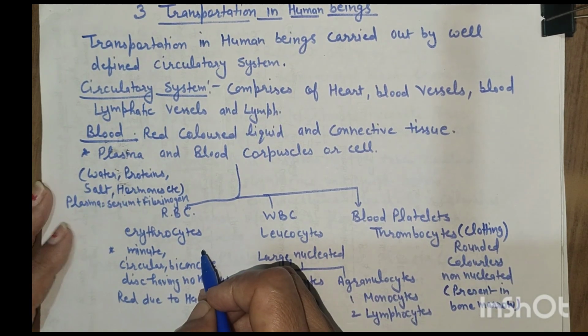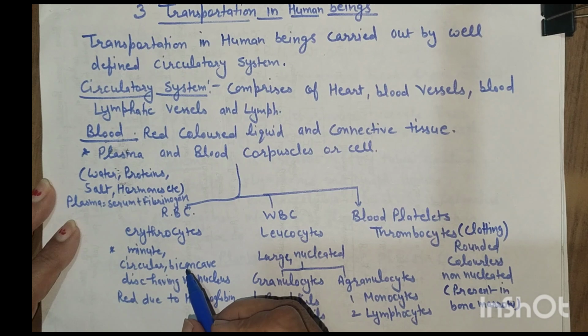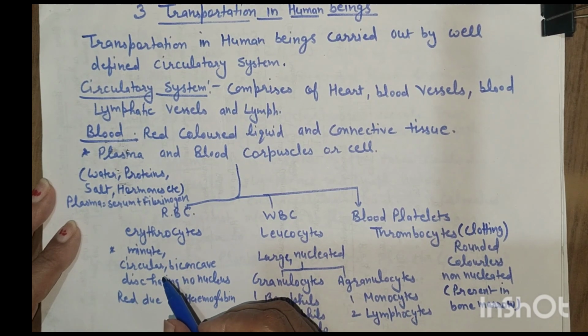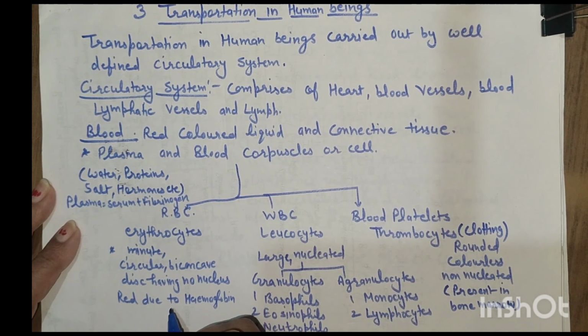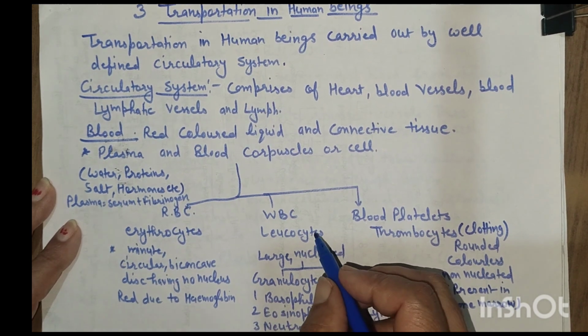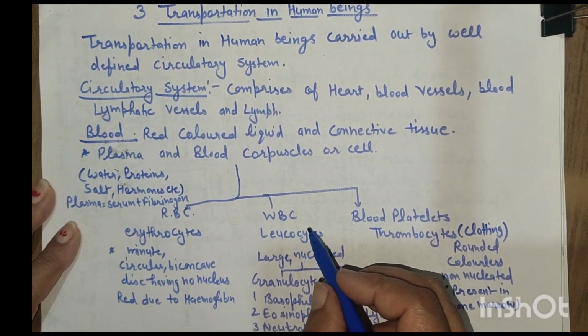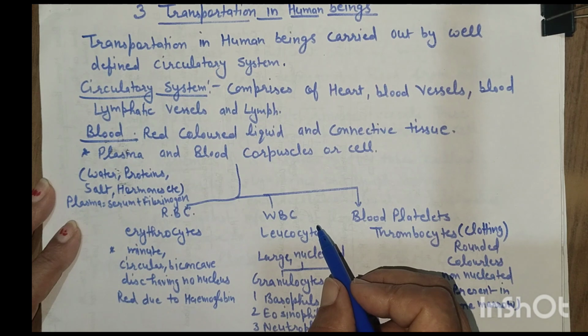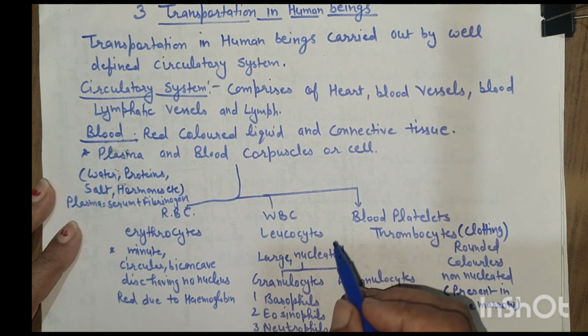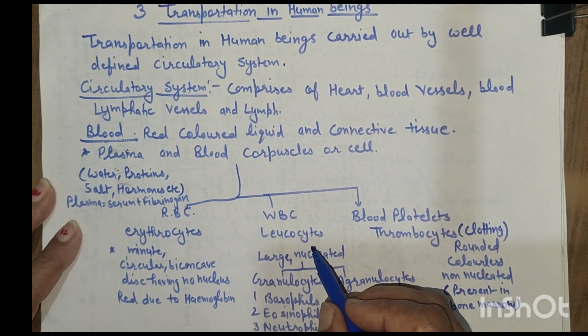RBC or erythrocytes are minute cells, circular in shape, biconcave, dish-like, having no nucleus. They are red due to the presence of the pigment hemoglobin. WBC are white blood cells, meaning they are colorless cells. They are also called leukocytes.